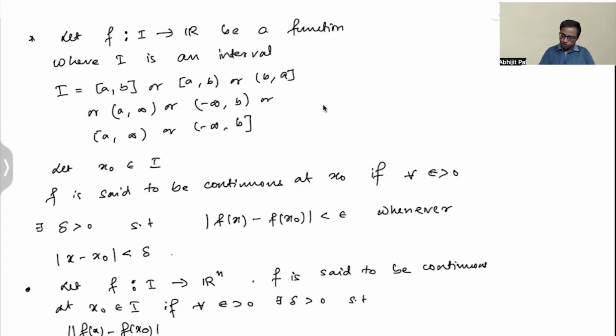Norm of f(x) minus f(x naught) is less than epsilon whenever mod of x minus x naught is less than delta. Okay, so this is the definition of continuity of f.